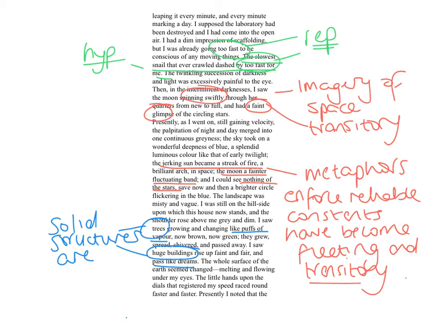Like dreams, like vapour, they quickly vanish. So these solid structures are momentary, they don't last, and a great word for this is ephemeral. If you want to try to remember that word, ephemeral just means it doesn't last, it vanishes quickly, and that's what time travel has done to the world around the speaker.